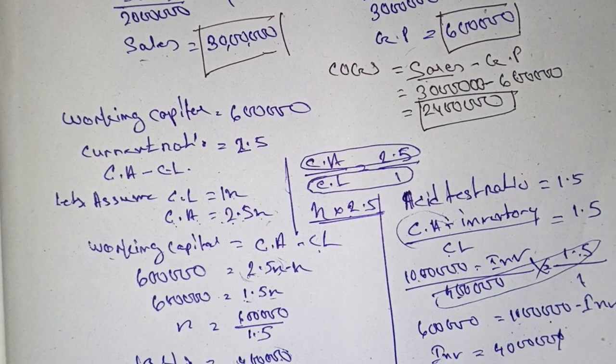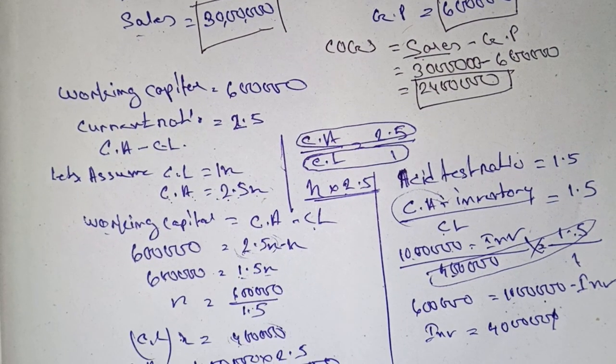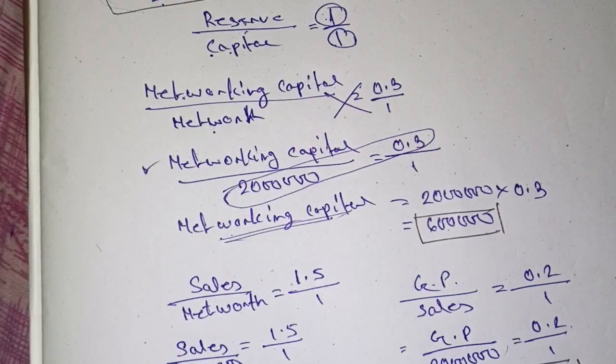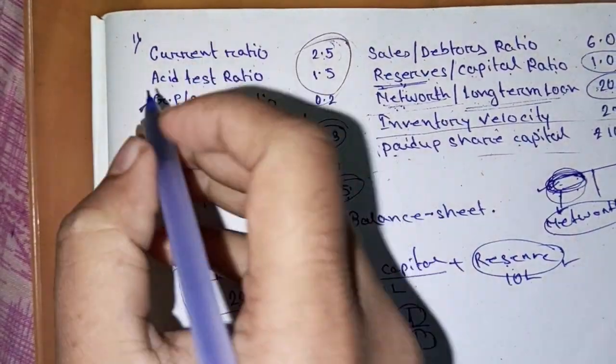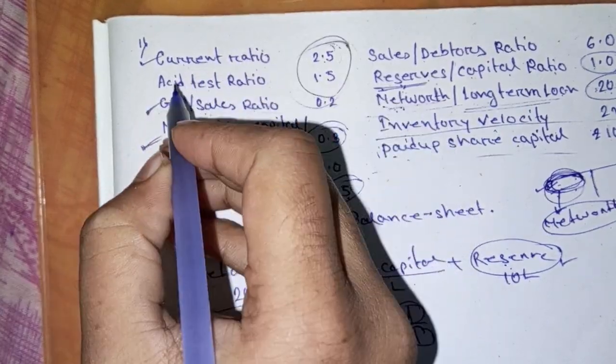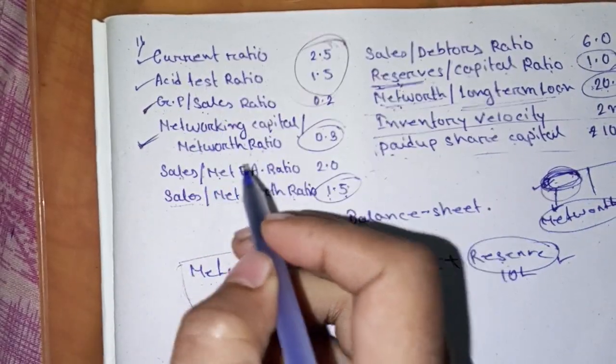Okay, so our inventory we have found. We have completed our current ratio, acid test ratio, GP sales ratio, and net working capital.